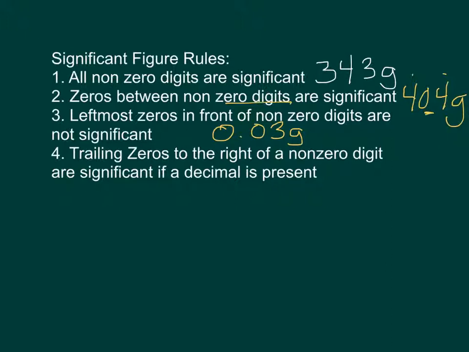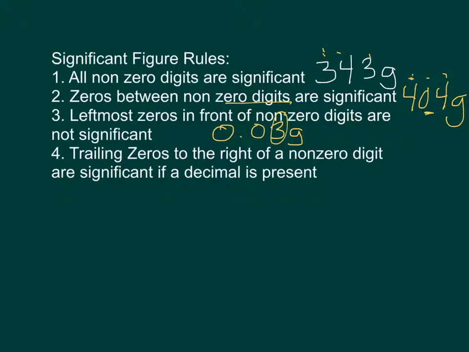Okay, now the 2 zeros to the left of the 3 are not significant. So I kind of think the general rule of thumb is run to the first non-zero digit, and that's where your significant figures start. So for example, run to 3, this one has 1, 2, 3. Run to 4, this one has 1, 2, 3. Run to 3, oh, that one only has 1 significant figure.